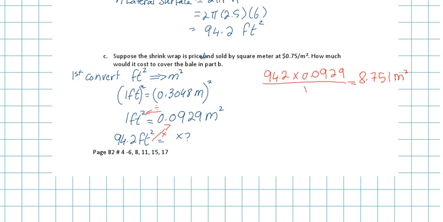Okay. So find the price. How many meters squared do you have? 8.775. Times 0.75.